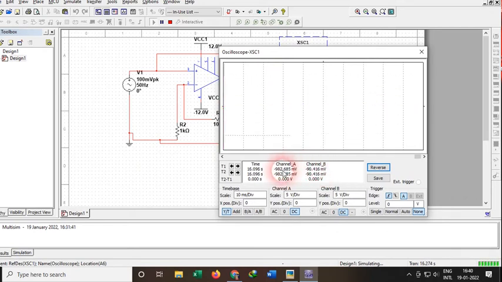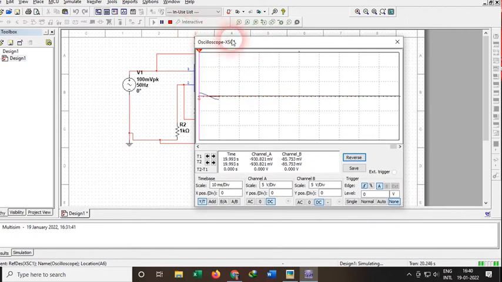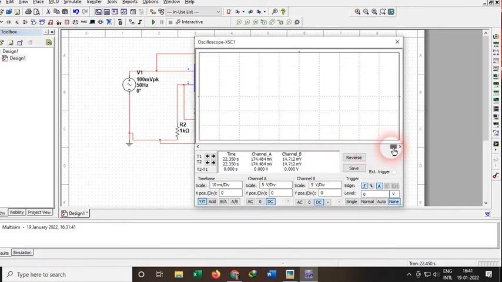Now how to check the information here? For that, we will firstly stop the simulation. Now that we have stopped the simulation, I am getting this much wave only, so I will move the scroll bar somewhat here. Now look at the channel division. Channel A division is 5 volt per division and channel B is 5 volt per division.